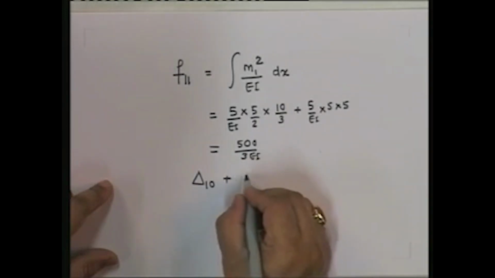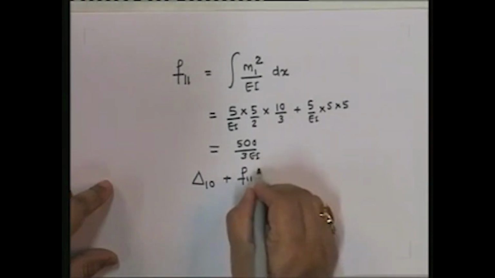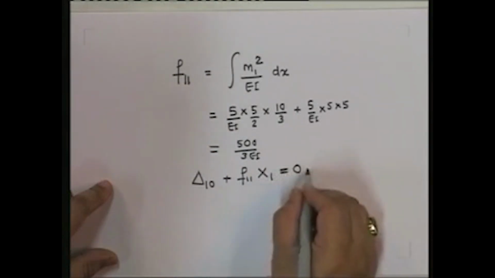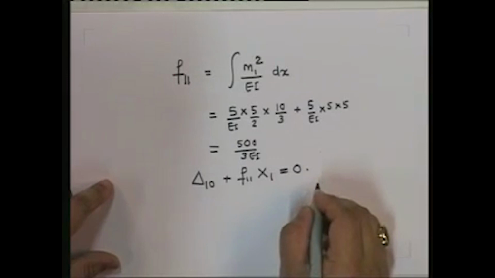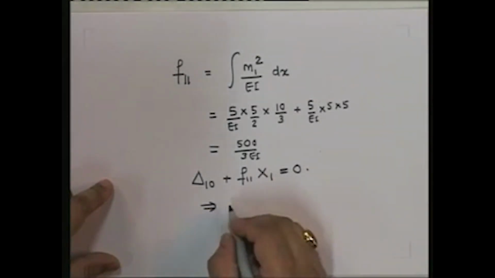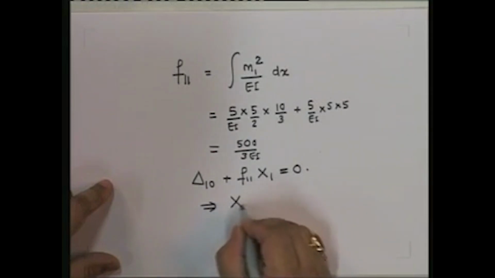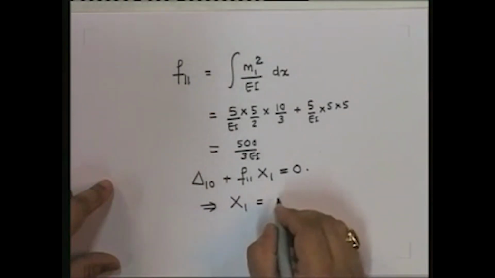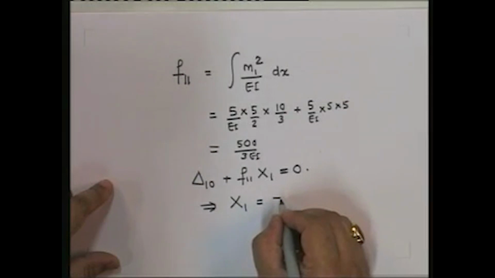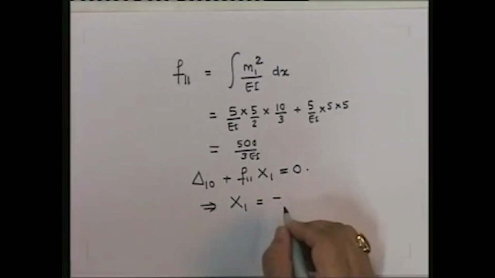Delta 1, 0 plus F11 x1 is equal to 0. Since there is only one redundant, this is the only additional equation that I require, and from this, by plugging in the value of delta 1, 0 and F11, I get x1 is equal to minus, no, I'm sorry, I have made a mistake.